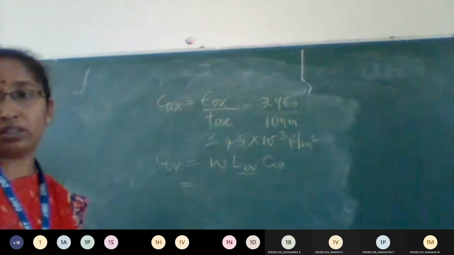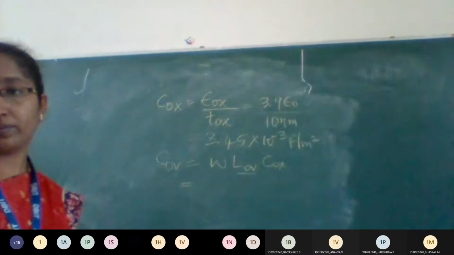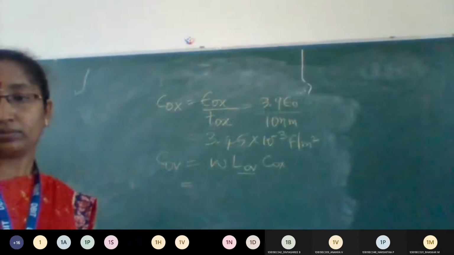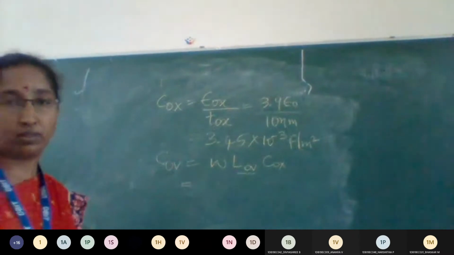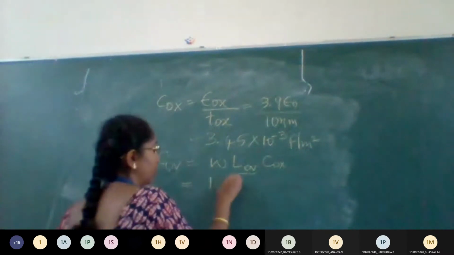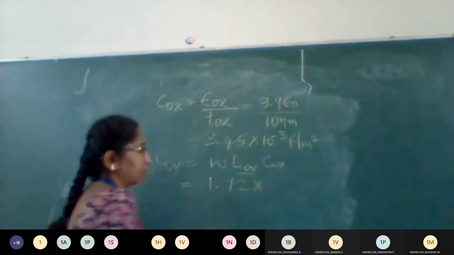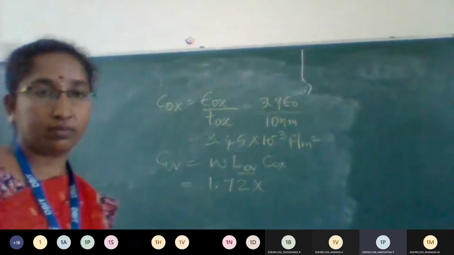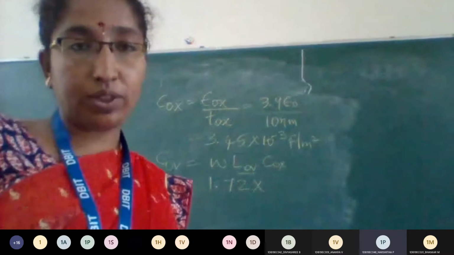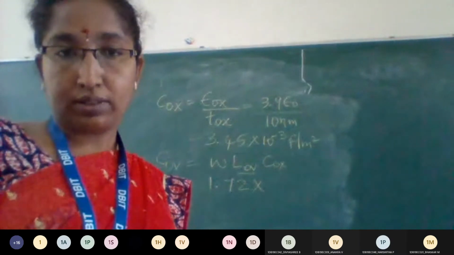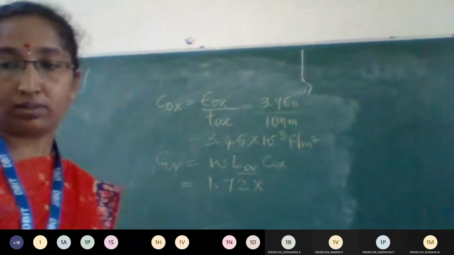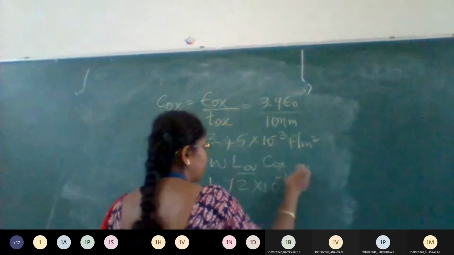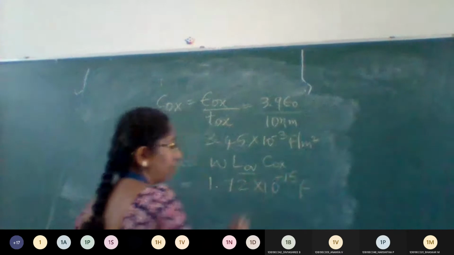LOV is given as 0.05 micro. How much did you get? Bhaskar: 1.72 into 10 power minus 15 farad. Check it once.